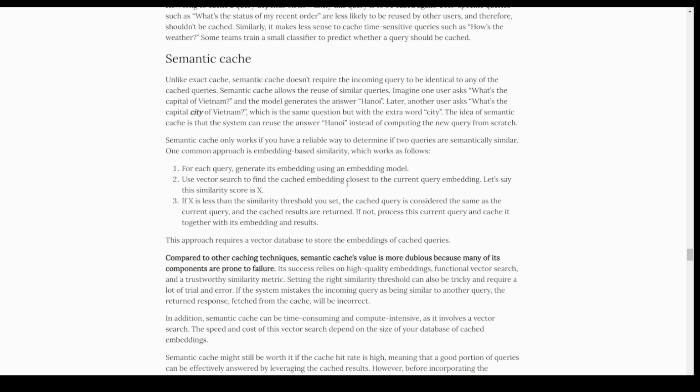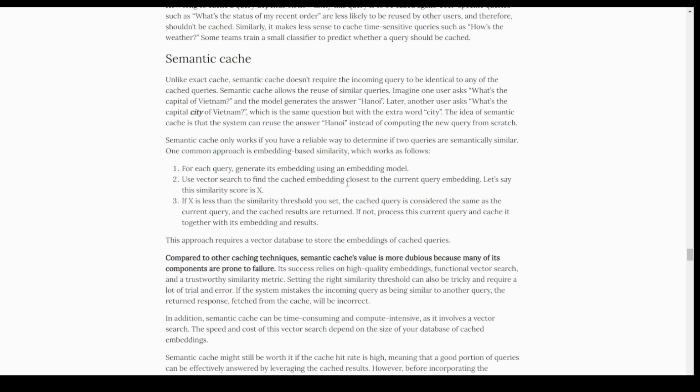Let's say the similarity score for this is X. If the X that we have generated is less than the similarity threshold we have set, the cached query is considered the same as the current query, and the cache results are returned. If not, we have to process the current query and cache it together with its embedding and the results that we have. This approach requires a vector database because we are dealing with the embeddings of the queries.